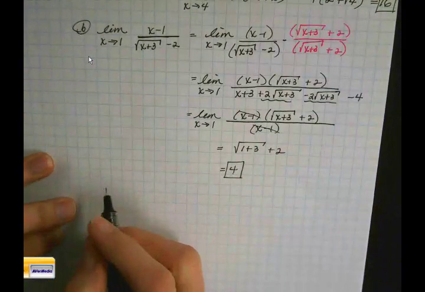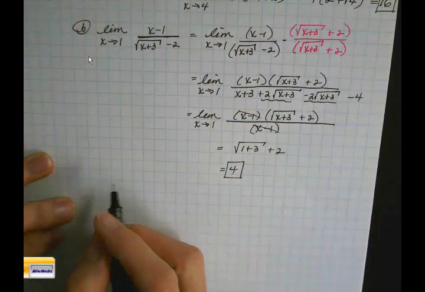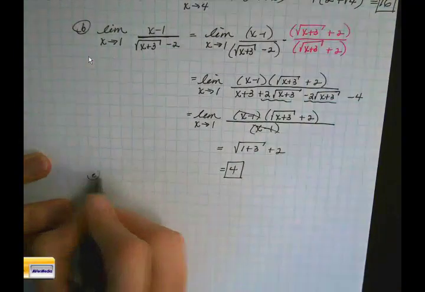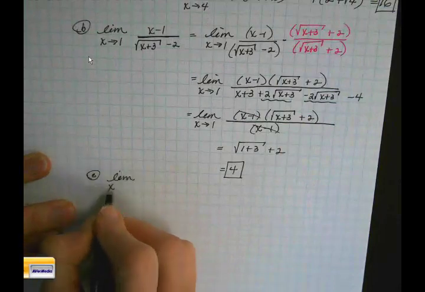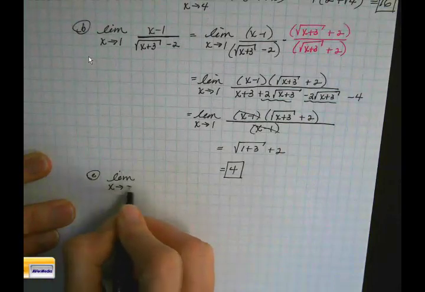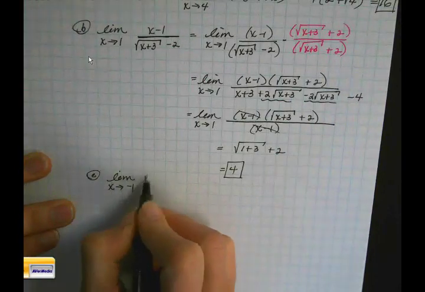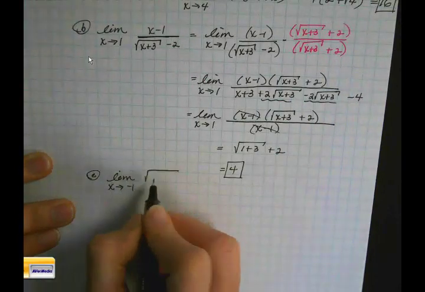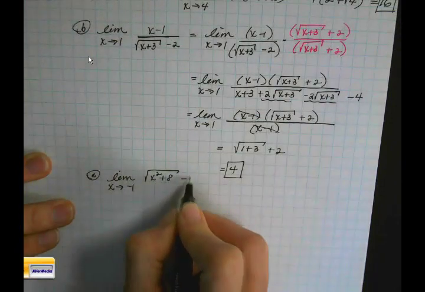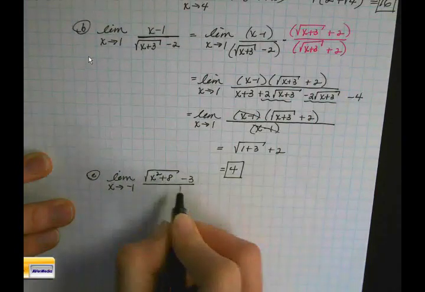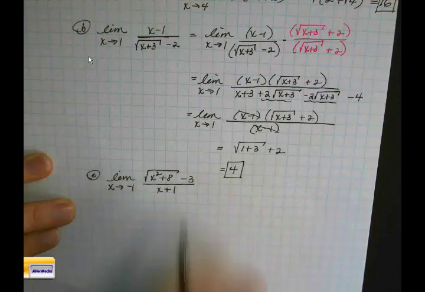Okay, I hope I can fit this next one on this piece of paper. And I think I can. Okay, I'm kind of low on the page. This is the last one like this. Suppose we take the limit as x is approaching negative 1 of the square root of x squared plus 8 minus 3 over x plus 1.